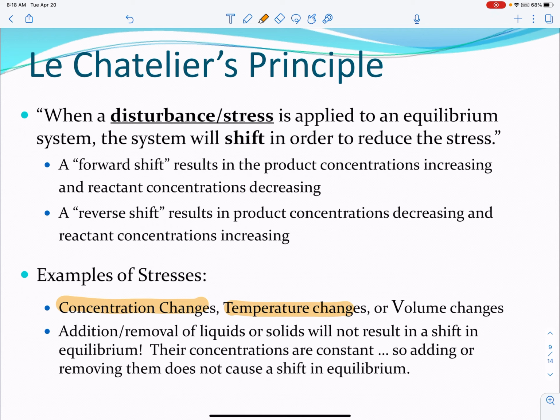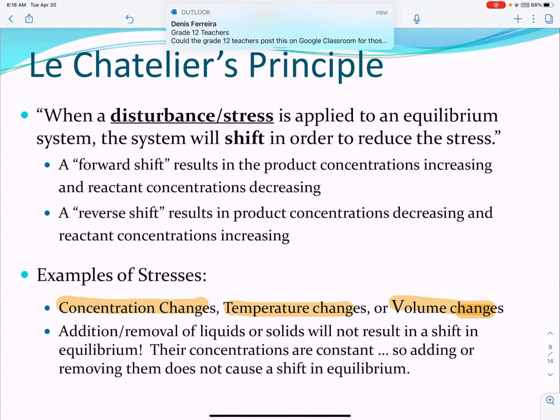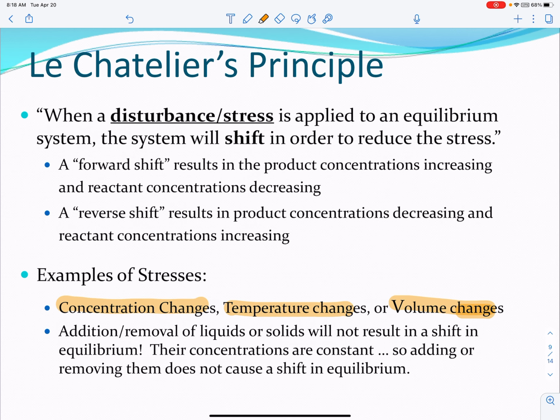If there are gases in the container, changing its volume will also affect the equilibrium, because when you change the volume and gases are present, then you're changing the concentration of the gases. But one thing to remember is that if you're adding or removing liquids to the system, or adding or removing solids to the system, then that will have no effect on the equilibrium.